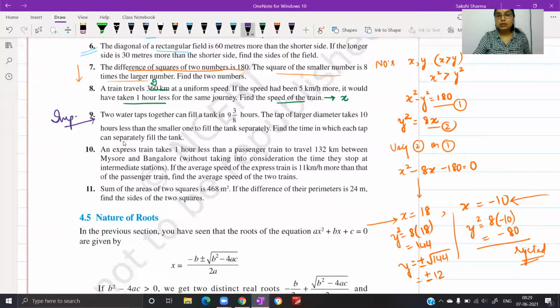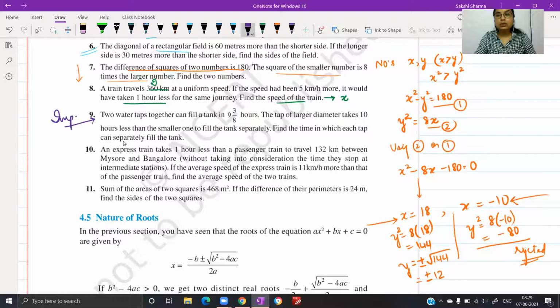2 water taps together can fill a tank in 9 and 3/8 hours. The tap of the larger diameter takes 10 hours less than the smaller one to fill the tank separately. So if the 2 taps are filling the tank together, the total time taken is 9 and 3/8 hours.